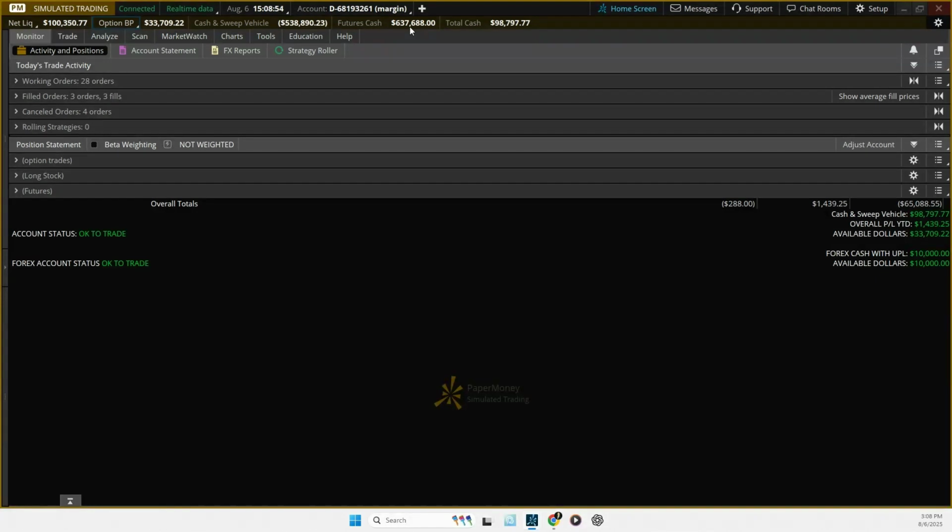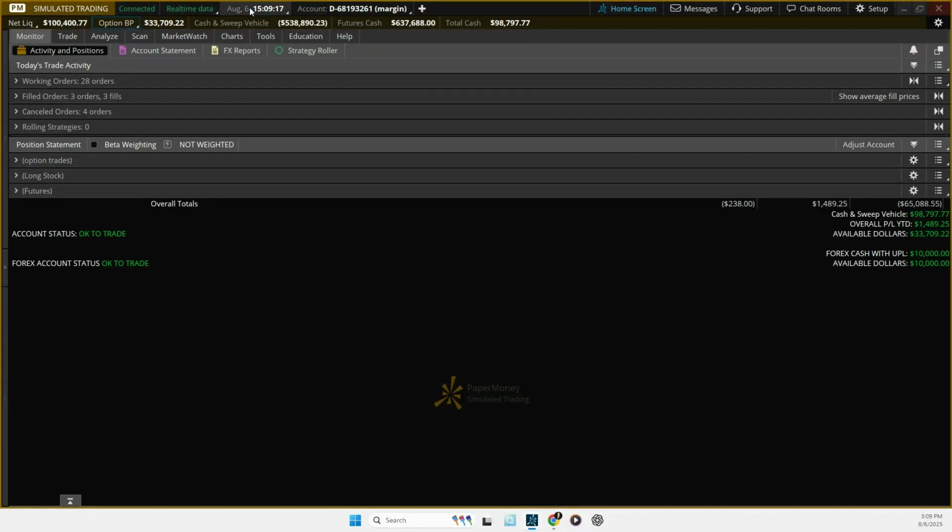Like it would make sense to keep the futures cash and the stock and stock options cash separate. Nonetheless, that's what's going on here, right? And so then the higher number minus the smaller number equals the net result. So total cash of this sample account at the moment is right here.